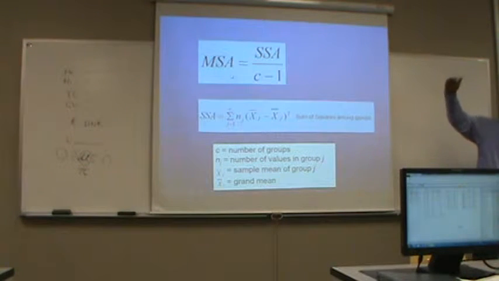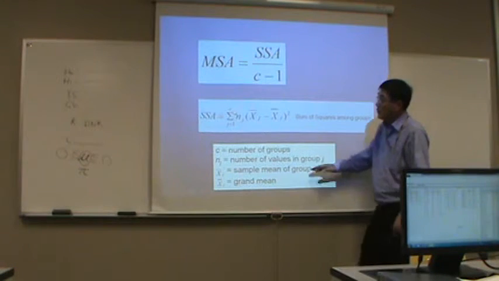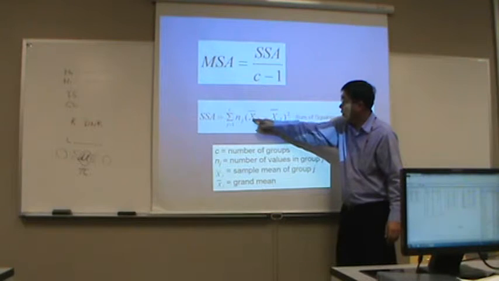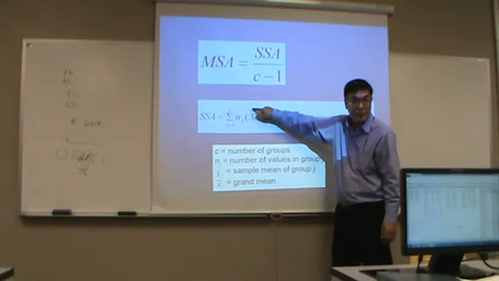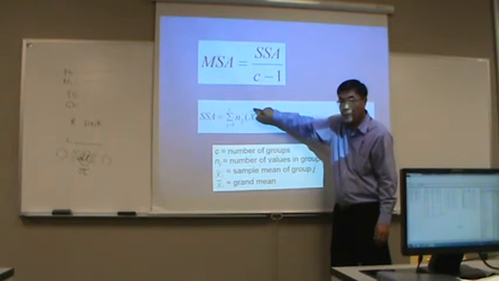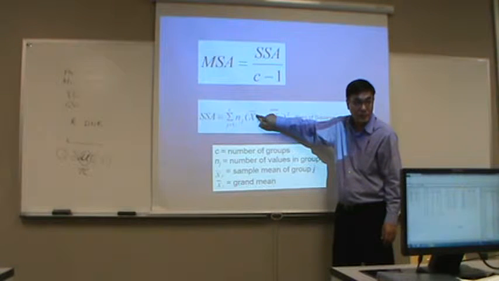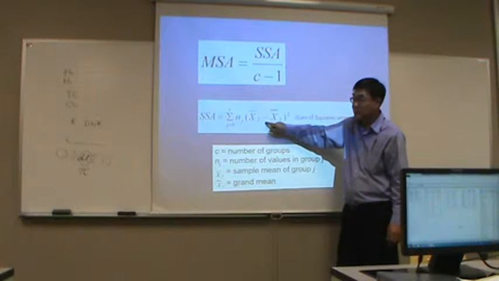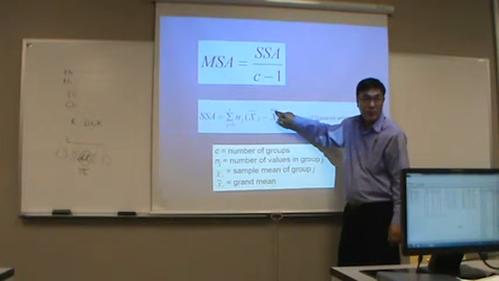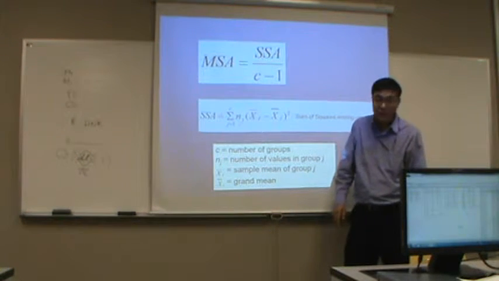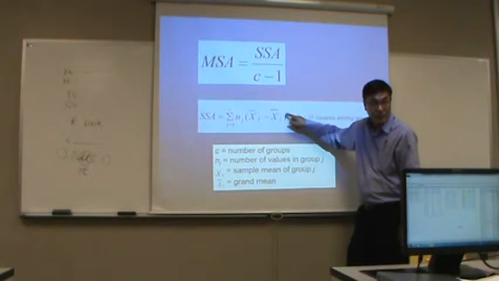MSA on top is SSA divided by C minus 1. SSA is the sum of squares among groups. That is the sum of x bar, the mean of each sample, minus x double bar, the mean of means, and squared.